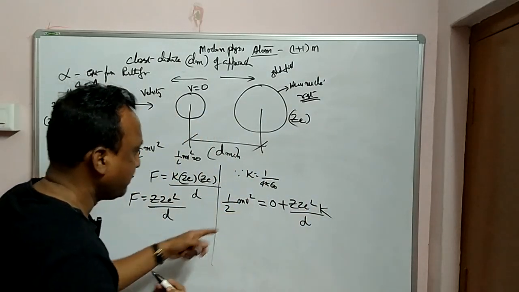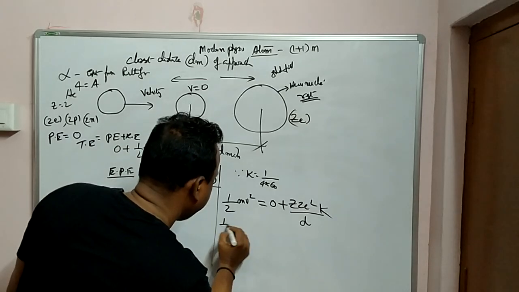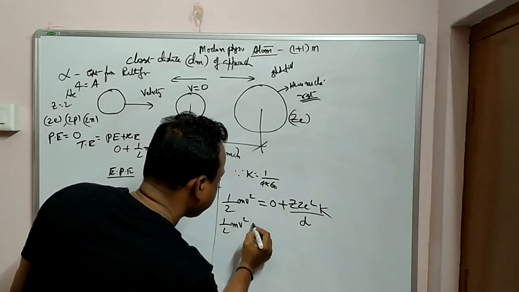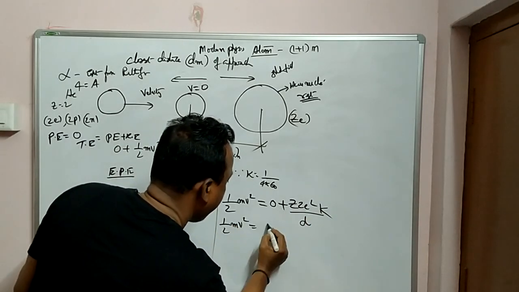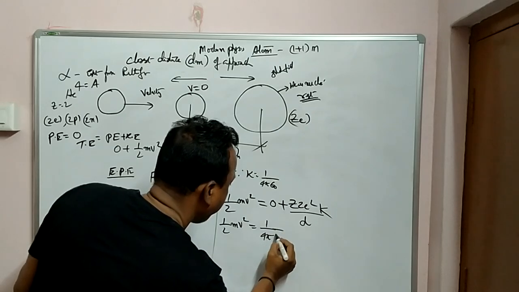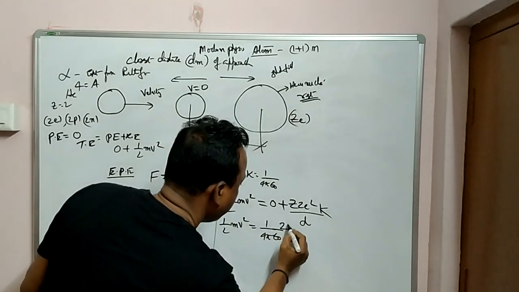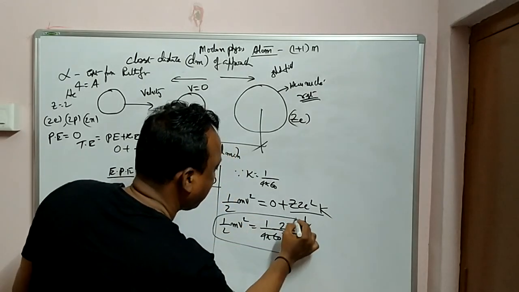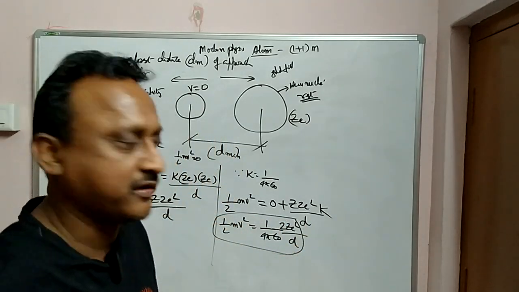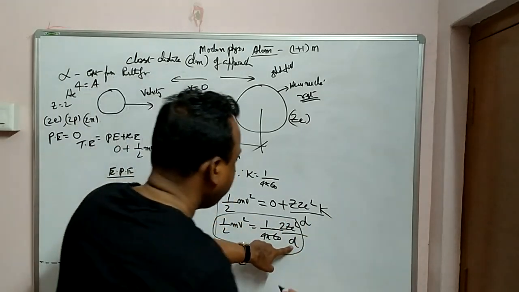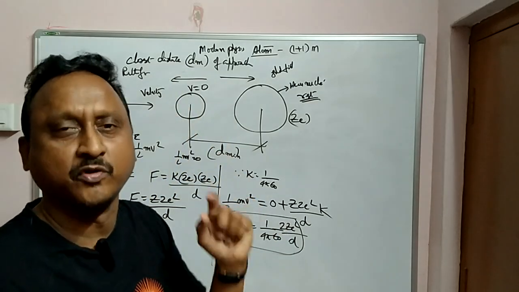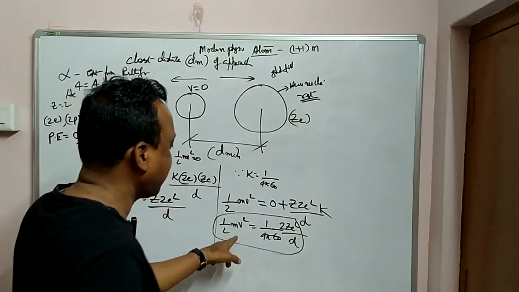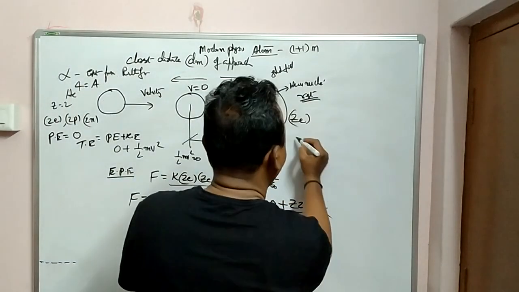Clear? So from this it is very clear, half mv square is equal to the constant 1 by 4 pi epsilon naught into 2Ze square by D. This formula you have to remember from the examination point of view, because this D is called the closest distance of approach. In the exam they may ask, this distance depends upon what?